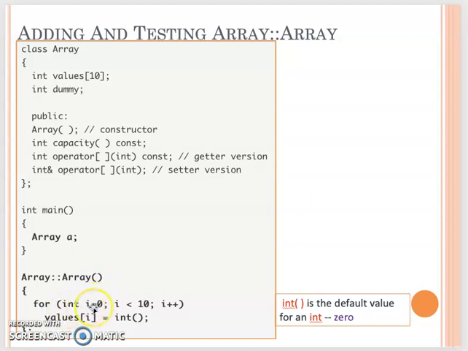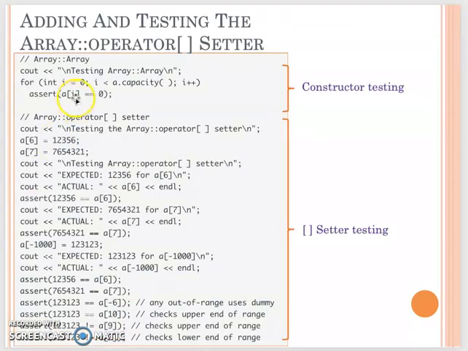It assigns each element the default data value, so each element's value is 0. In your testing, when we do the constructor function testing, we need to make sure each element is equal to 0. So that's our constructor testing.